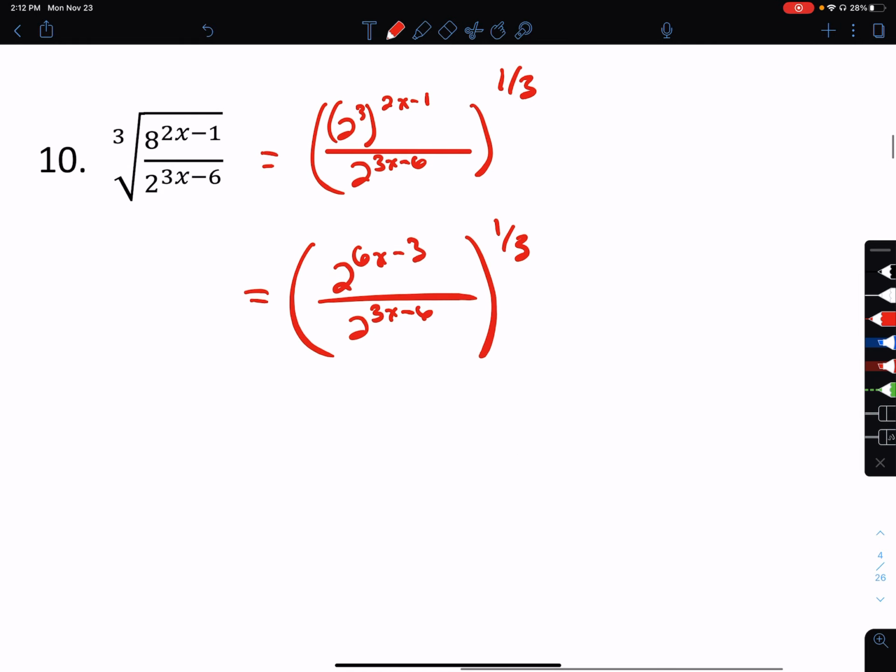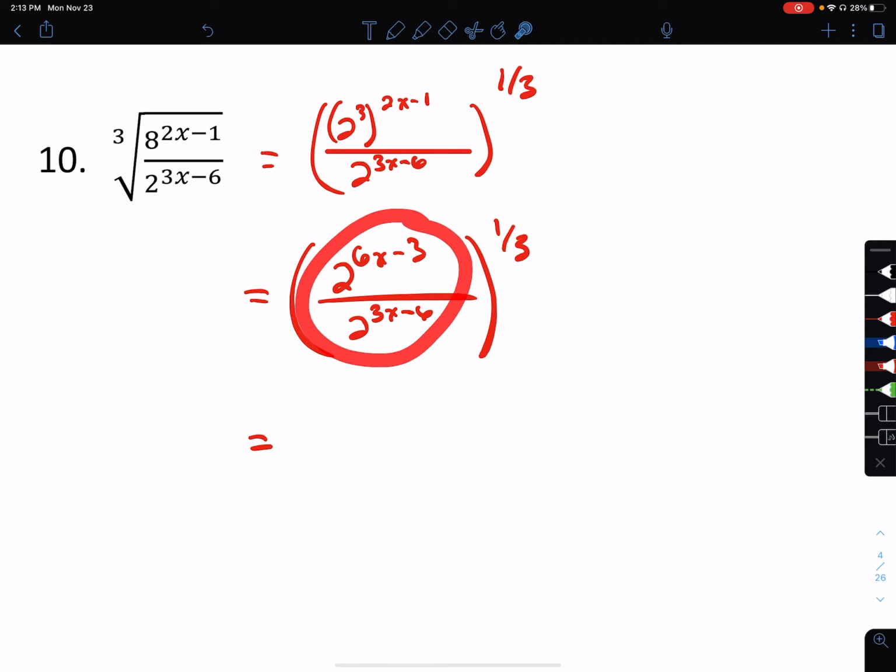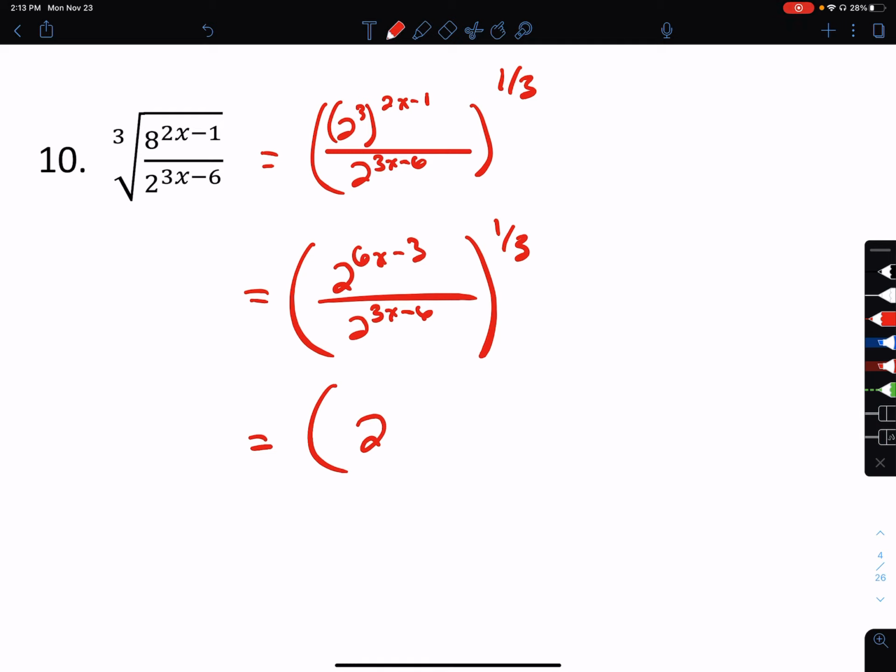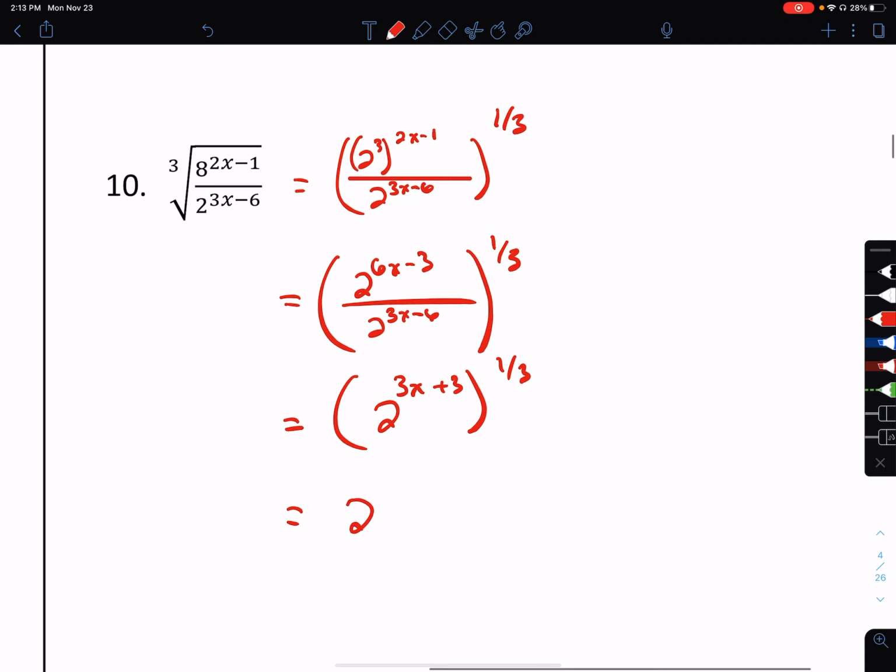And now the order in which we finish this, we can do in lots of ways. Let's say we want to make this into one base using the quotient property. Subtract the exponents. 6x minus 3x is 3x. Minus 3 minus a negative 6 is going to be plus 3. Power to a power property, we multiply the exponents. We're going to get 2 to the x plus 1.